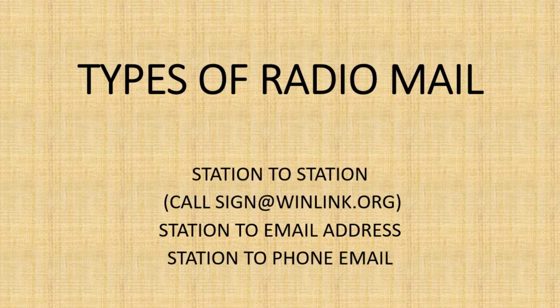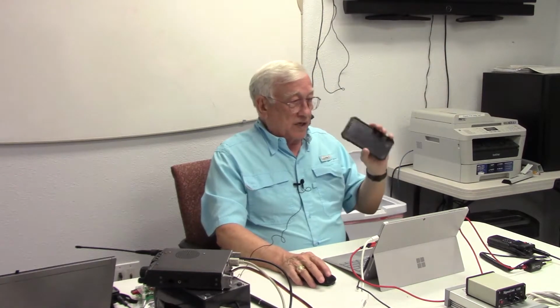You can do station to my regular email address, K5YFO@WT.net. The cool thing is I can go from my Winlink station to my phone. And the nice thing about that is that it's a text message that comes up, if you know how your carrier handles it.